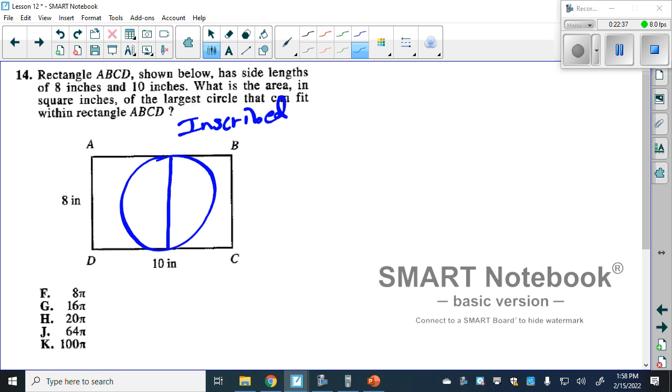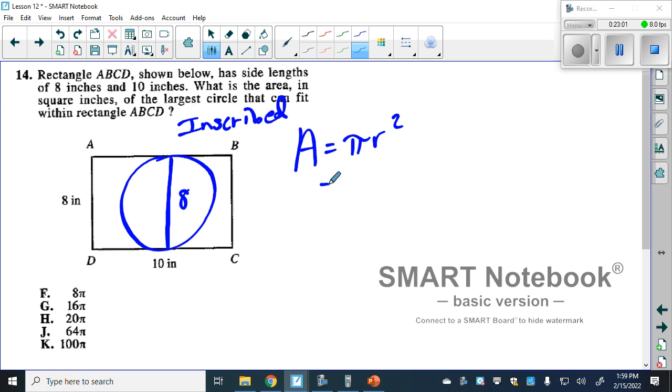Because for either one of these, with a rectangle or square, the circle's diameter is always going to match up with the shortest length, because it's going to be restricted on one of them. So the diameter for this is 8. Area is equal to pi r squared.